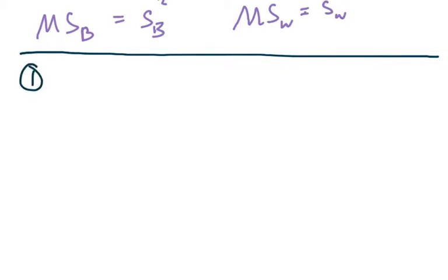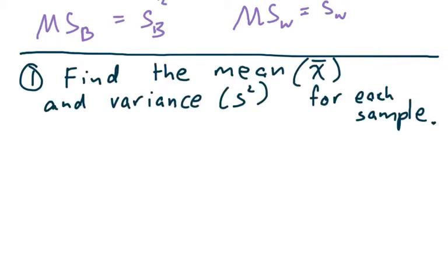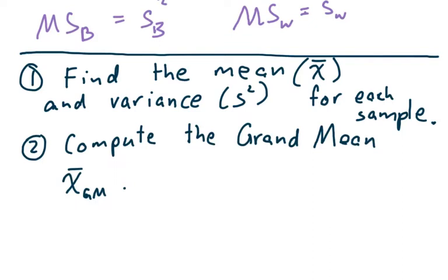Step one, you've got to find the mean and variance for each one of the samples. So remember, we're going to find a whole bunch of x-bars, and then another fun computation, a whole bunch of S's or S squareds. Step two, we're going to compute the grand mean, x-bar subscript GM.